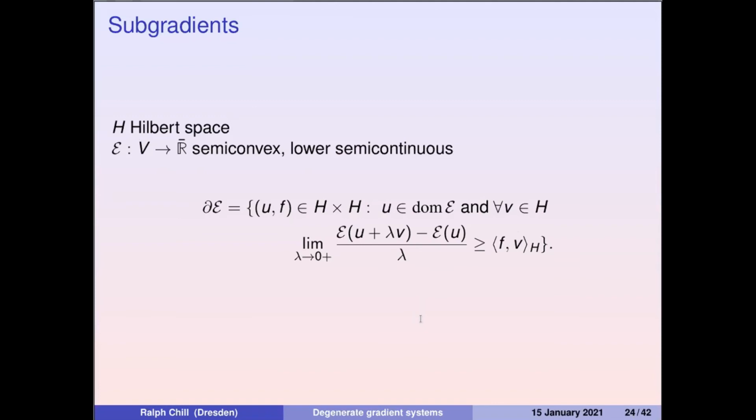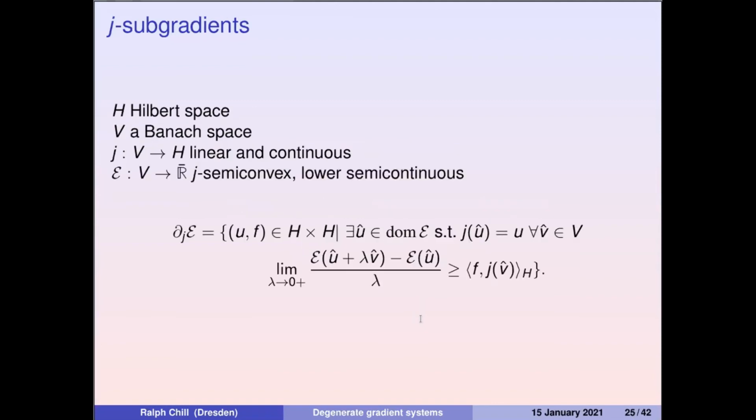Still, the subgradient is a relation on H, but now V is a Banach space, and there's a linear and continuous operator J from V to H. For all those who know Gelfand triples, there's always this embedding of V into H, but the J here is not injective and doesn't have dense range.